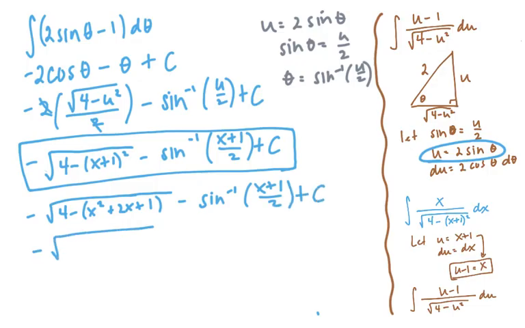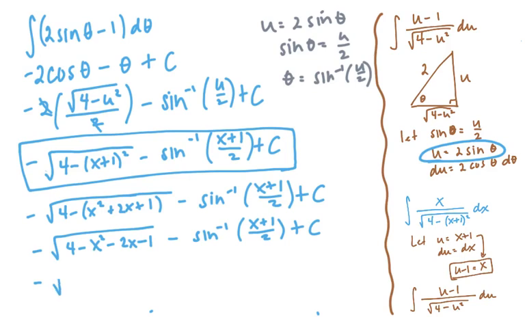So we have negative square root of 4 minus x squared plus 2x plus 1. Oh, let's distribute that. That's what's supposed to be happening here. x squared minus 2x minus 1 minus inverse sine of x plus 1 over 2 plus c.